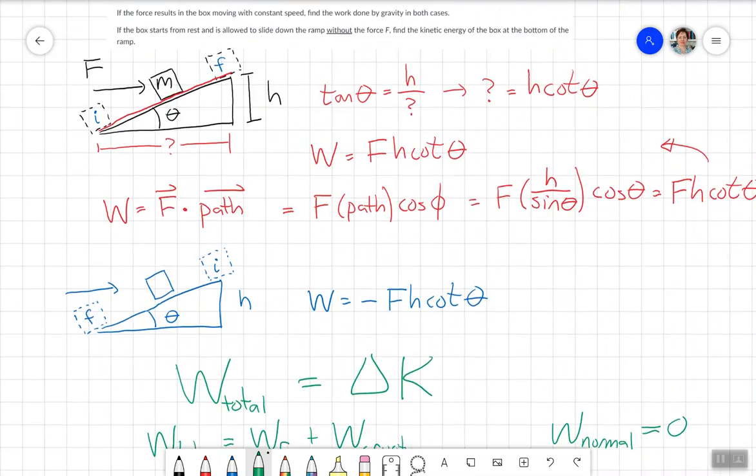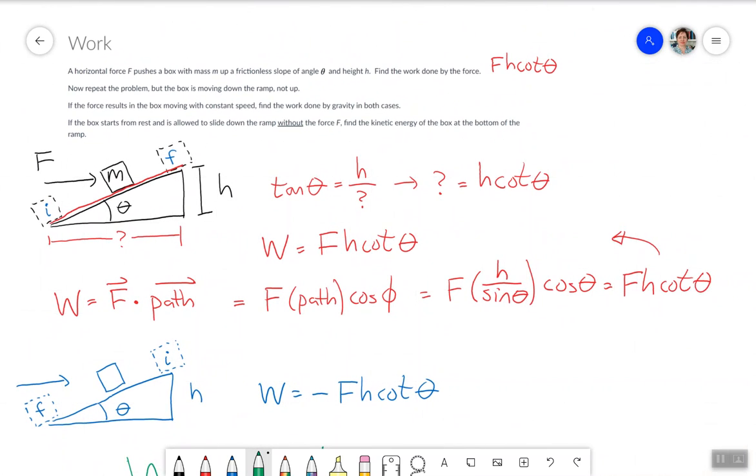Okay, so let's just write in our answers up here. So if we have the box moving down the ramp, that means that the work done is negative F h cotangent theta. It says if the force results in the box moving with constant speed, oh, well, in that case, constant speed just means then that the change in the kinetic energy is 0. So the total work is 0.